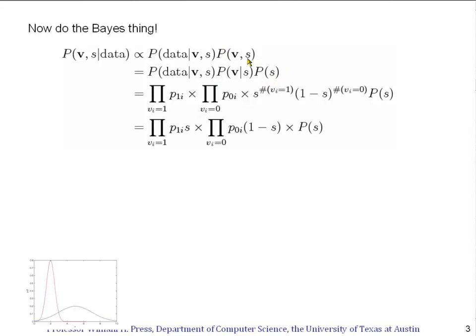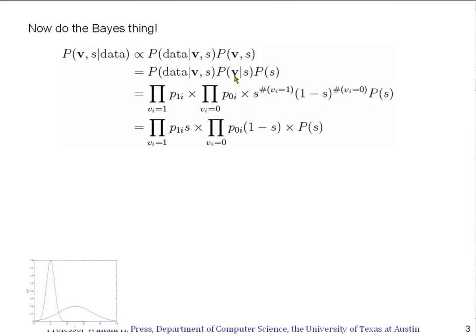So that probability of v and s jointly is the same as the probability of v given s times the probability of s. Can you see now how s is going to enter? Because the probability of any given v is going to depend on what we assume for the value of s. Well, let's see how that works. So we just saw that the probability of the data is these two terms, these two products.